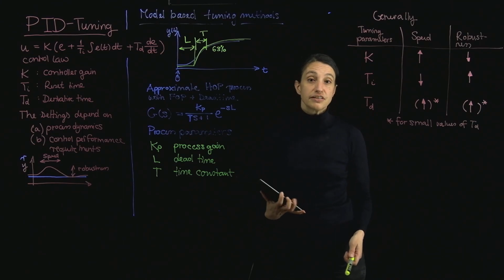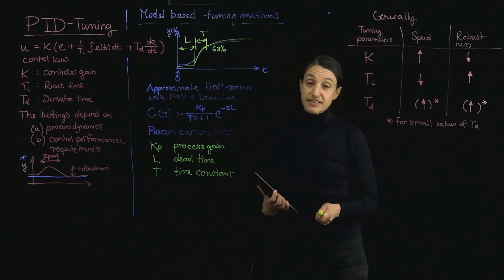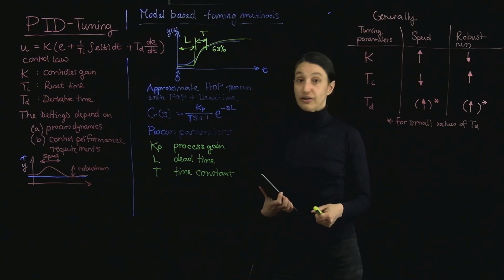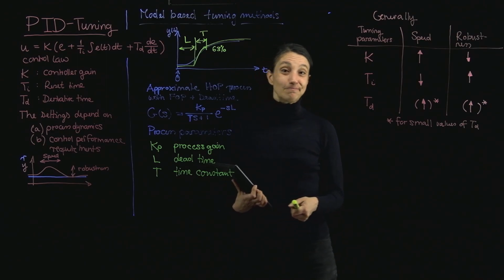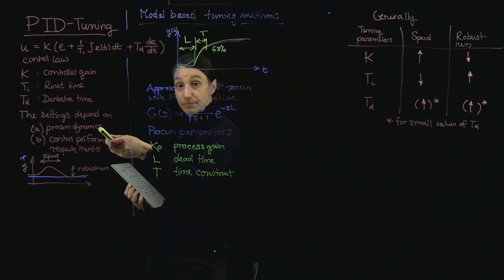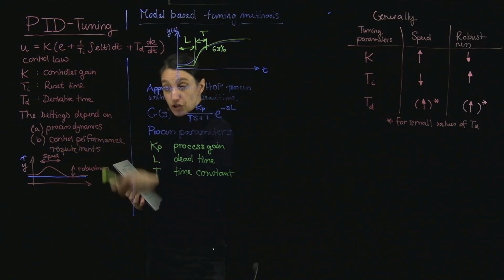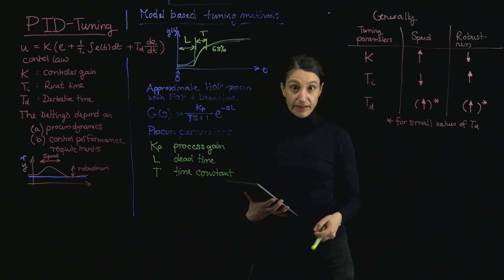For integrating processes, this doesn't work. So when I say there are many, I mean there are thousands of tuning rules that we could choose from. And the reason why we have so many is, again, because we have different process dynamics and we have different control performance requirements. We have different process models. So there's room for many.